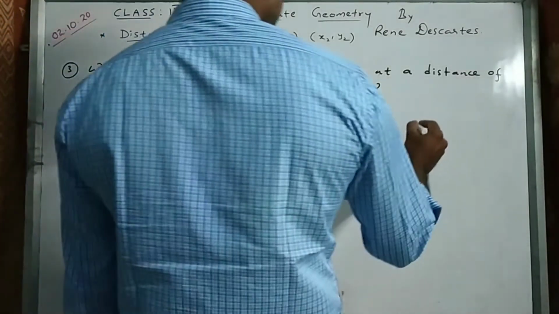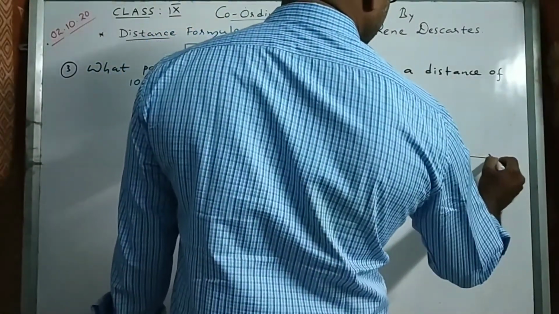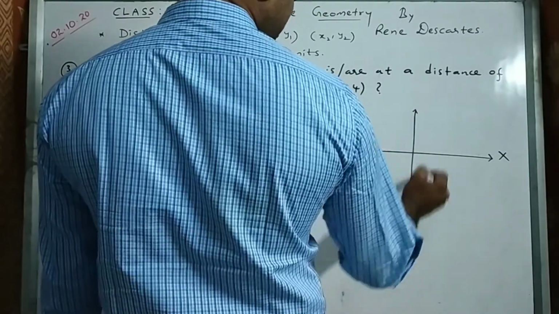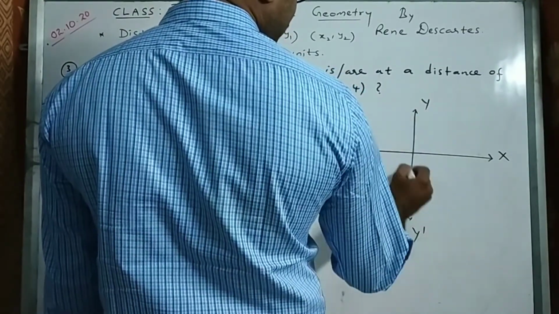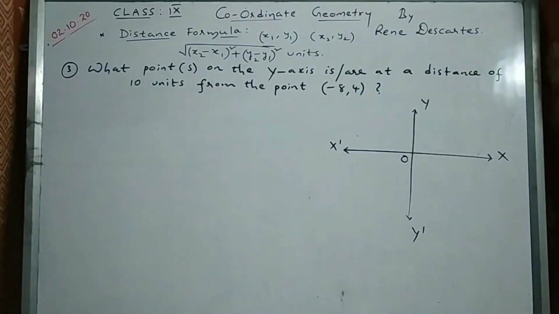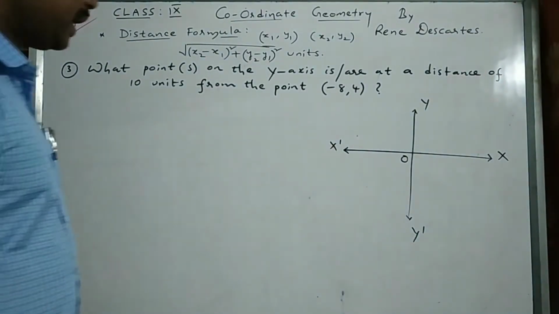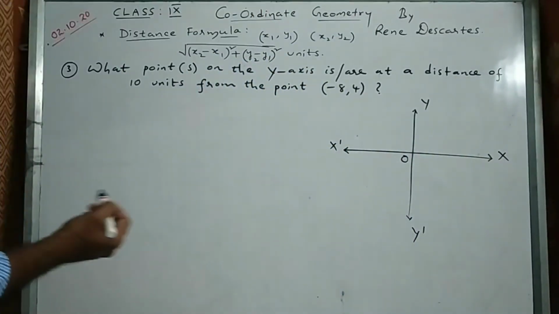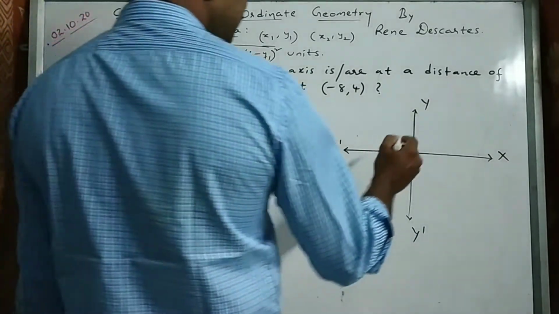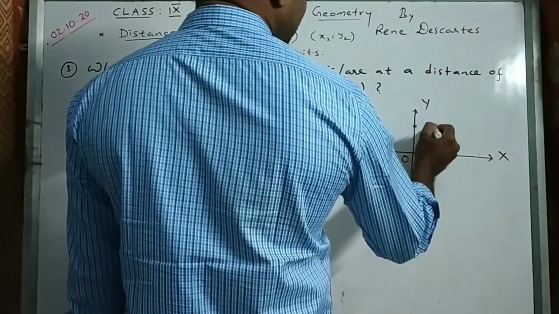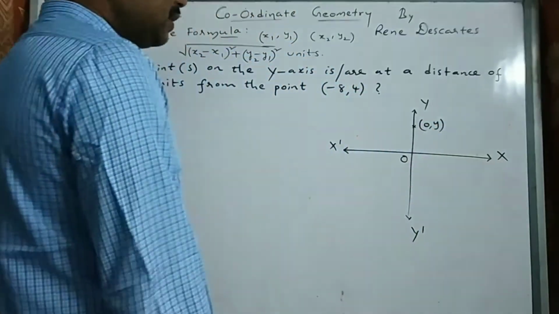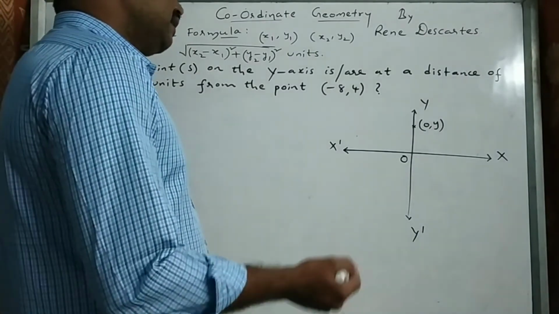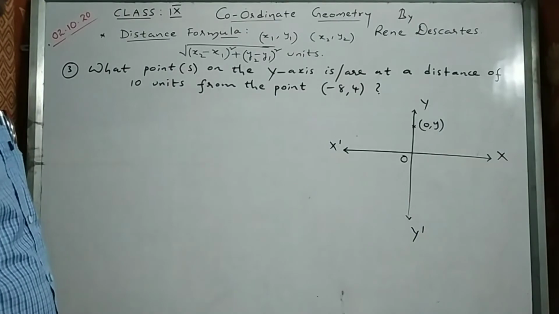So what is a point on the y-axis? I told you the horizontal line is called the x-axis and the vertical line is called the y-axis. The point of intersection of the coordinate axes is called the origin. On the y-axis, as I told you in the introduction, the general form of a point is 0 comma y, which means the x coordinate of a point on the y-axis is 0.